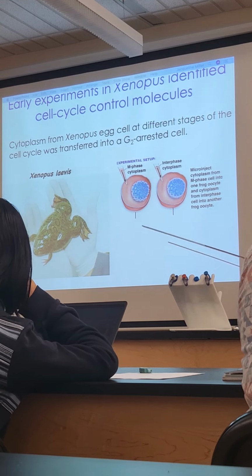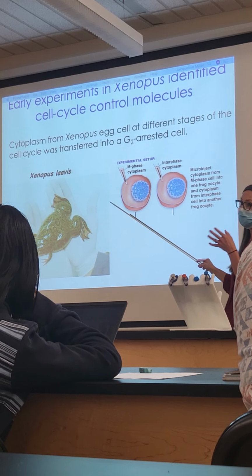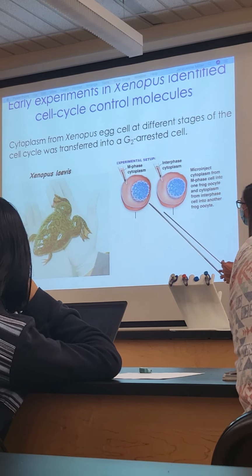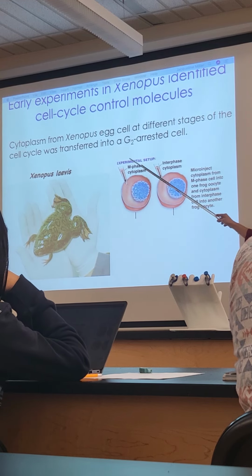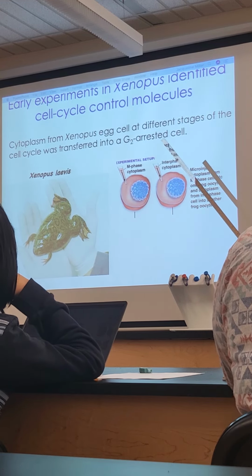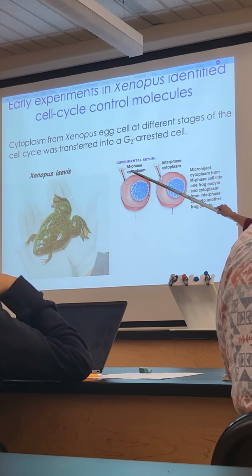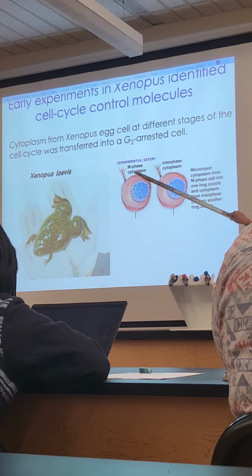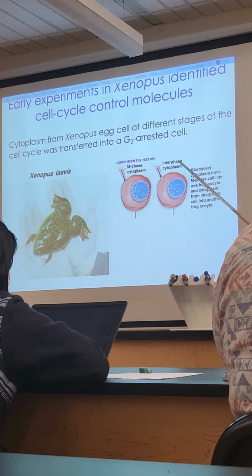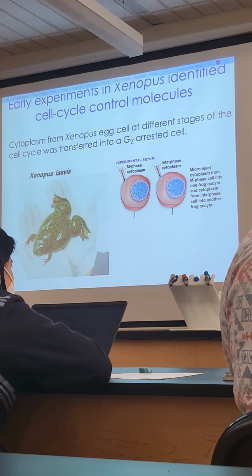What they did is take a Xenopus egg cell at different stages of the cell cycle. Because the cells are so big, you can actually suck out the cytoplasm. They took the cytoplasm from an M phase cell, a mitotic cell, and the cytoplasm from an interphase cell, and injected that into an interphase cell.